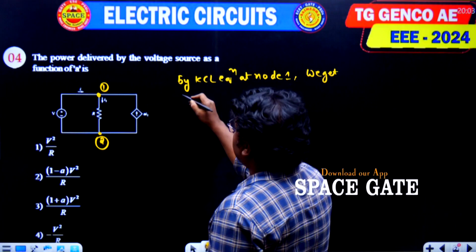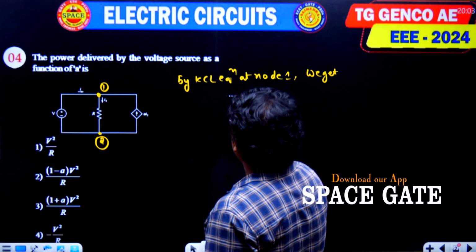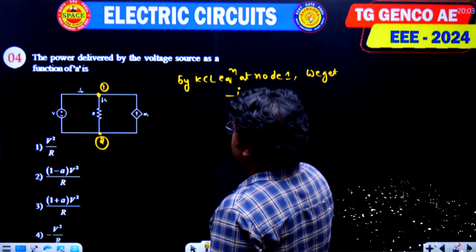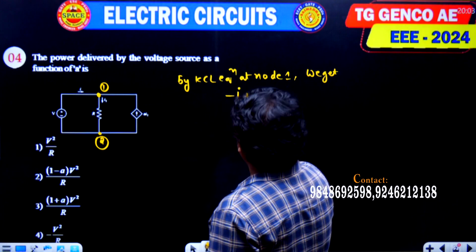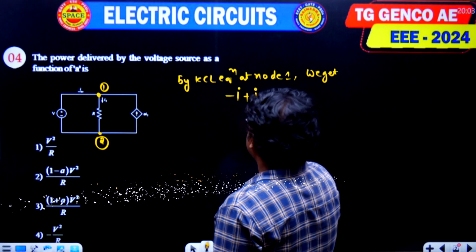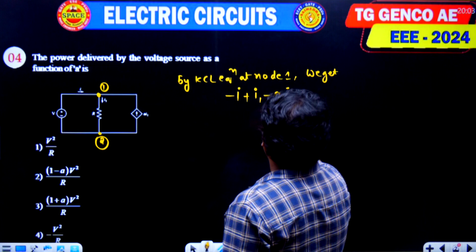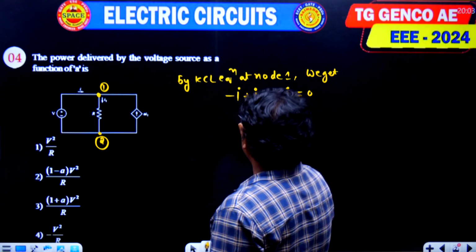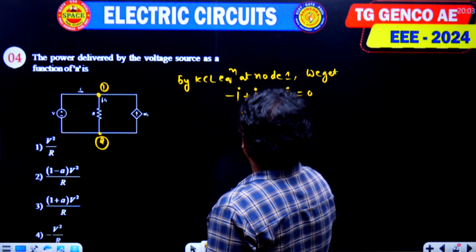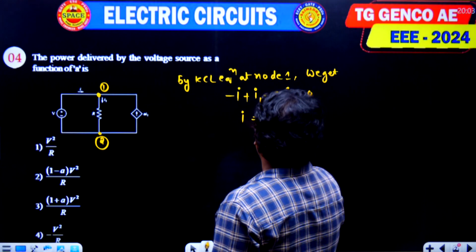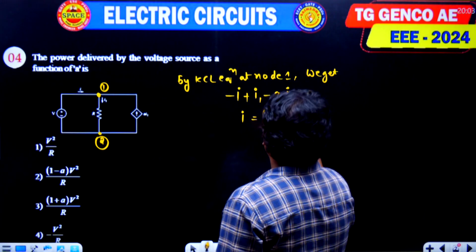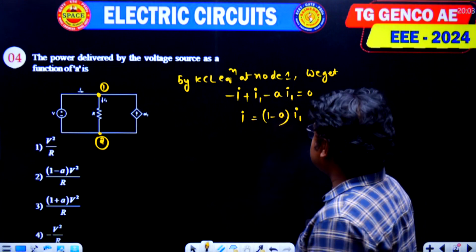Let us consider incoming current as minus sign. So minus I plus I1, minus A I1, is equal to 0. Therefore I is equal to (1 minus A) times I1.